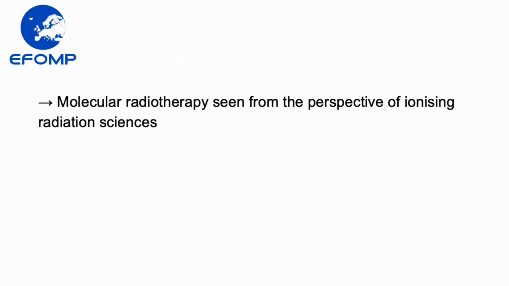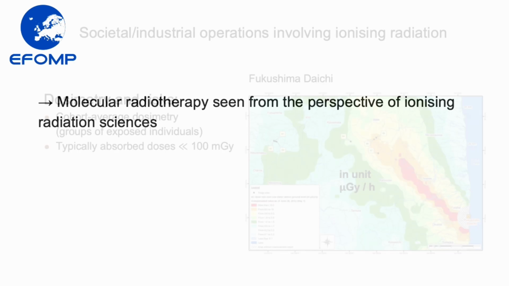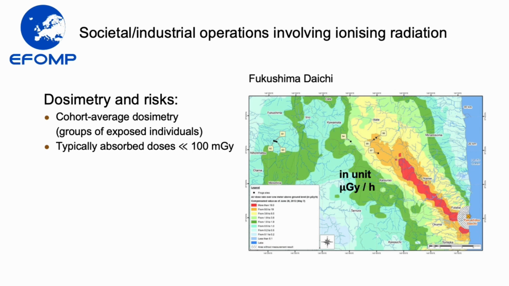The underlying reasons for this debate, I think, are best seen if we take a step back and look at molecular radiotherapy from the perspective of ionizing radiation science. As we know, there are several operations in society and industry that involve the use of ionizing radiation.